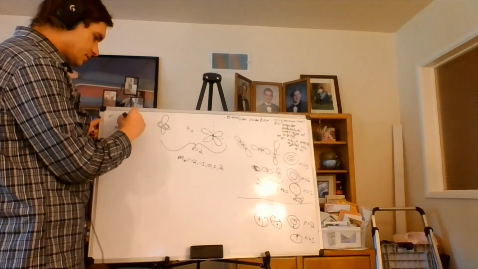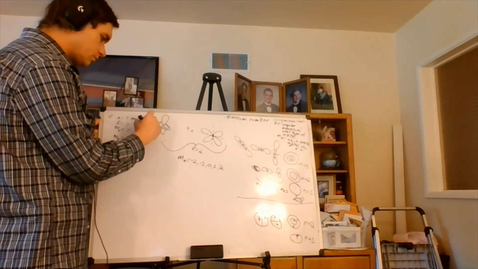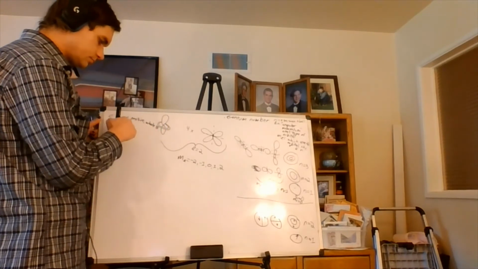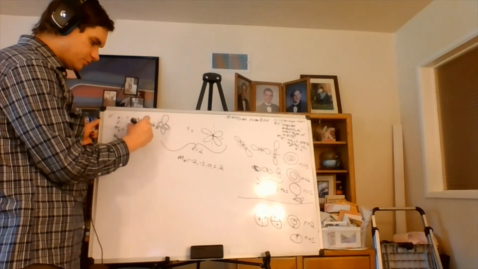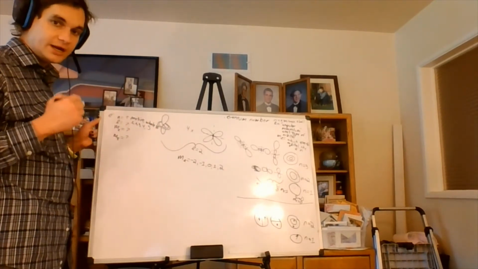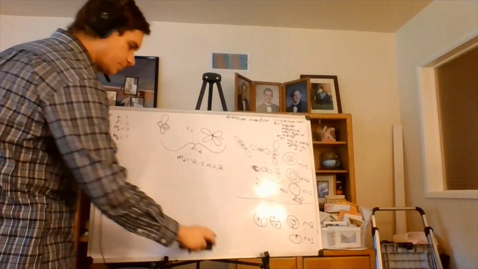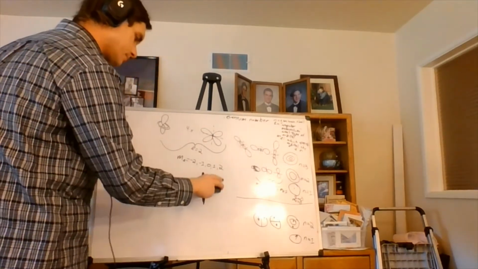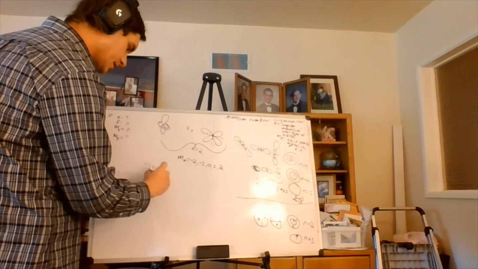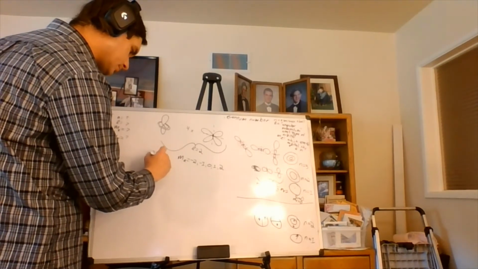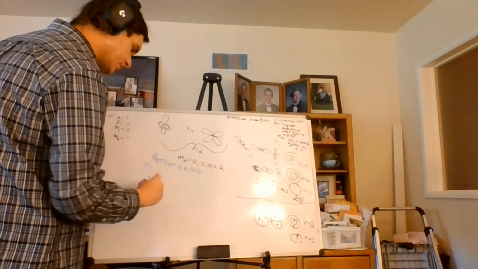So n has to be a positive whole number: 1, 2, 3, 4, 5, etc. It has to be positive, and it has to be whole.